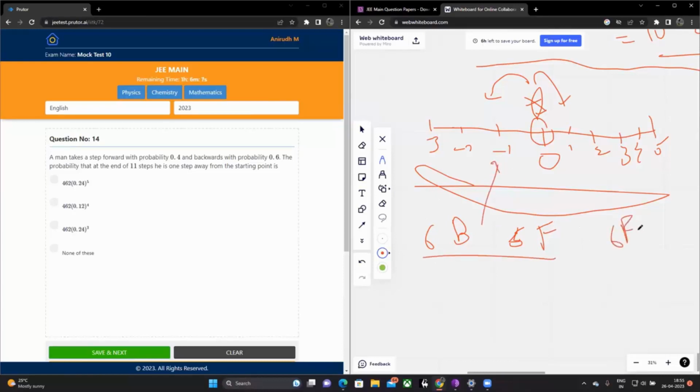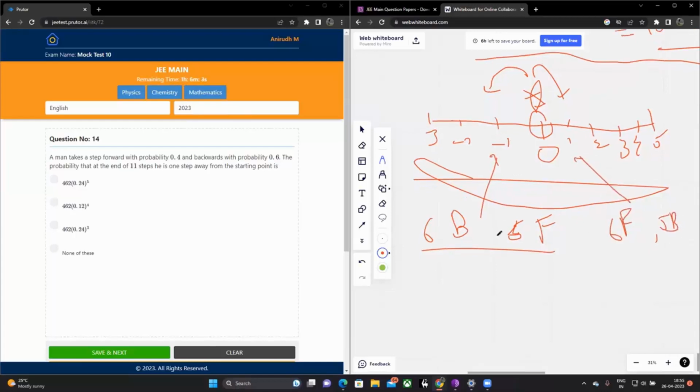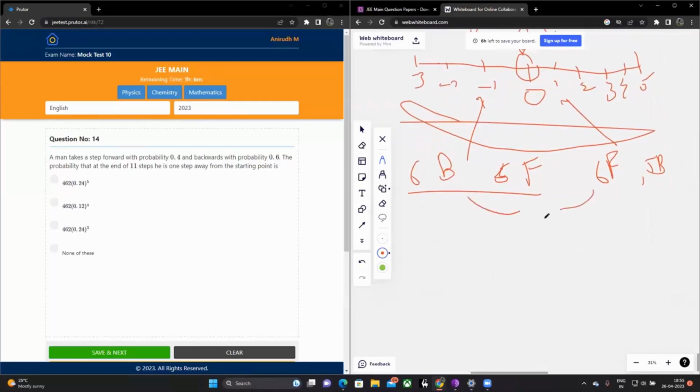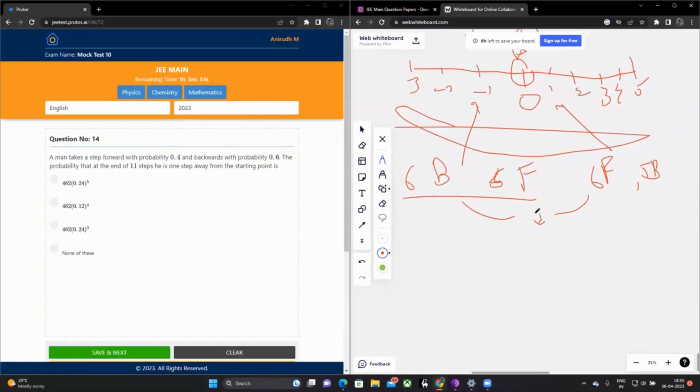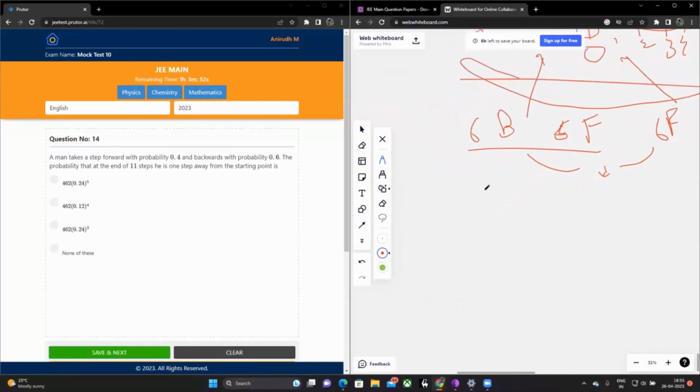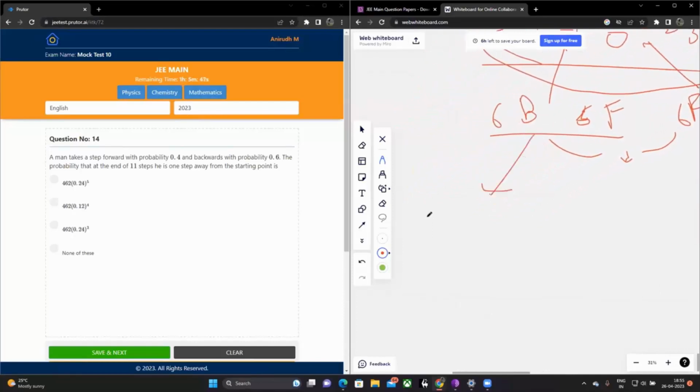And the same way, 6 forward and 5 backward steps take you to 1, right? So basically, the addition of these two is going to give me the probability that at the end of 11 steps, he's one step away from the starting point, right? And you can see that 6 + 5 adds 11 in both cases, right? So to find out this probability is basically choosing 6 backward steps, which is 11C6 into 0.6 to the power 6 into 0.4 to the power 5, right?